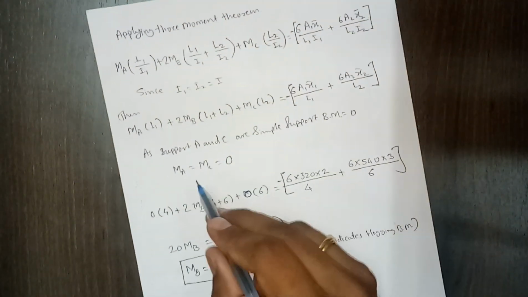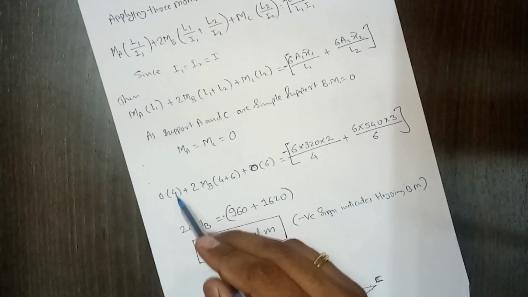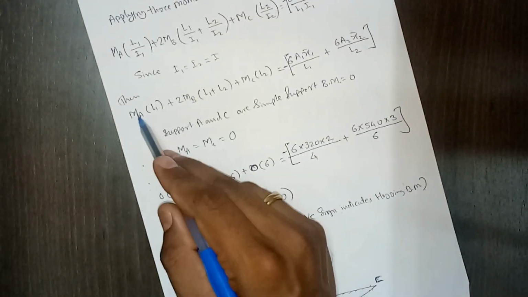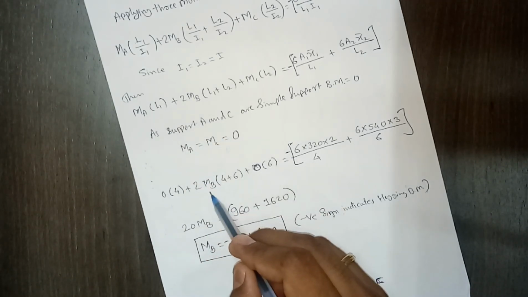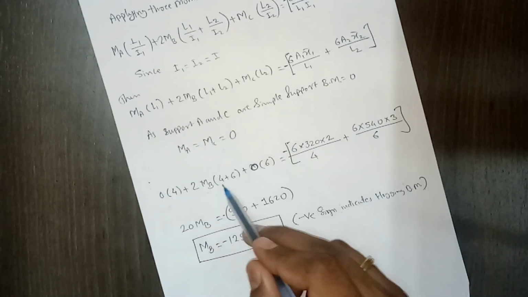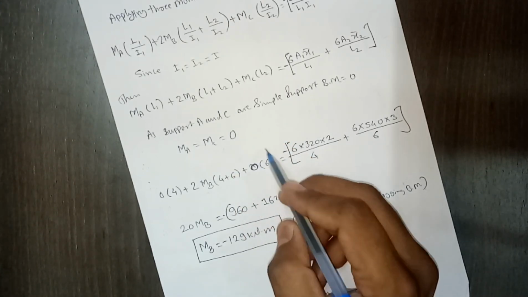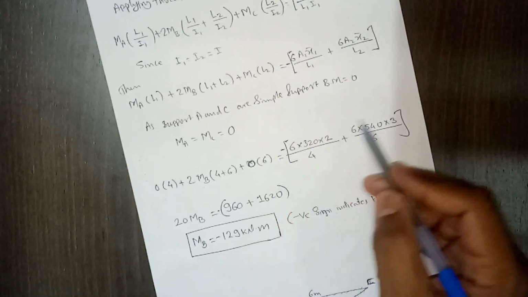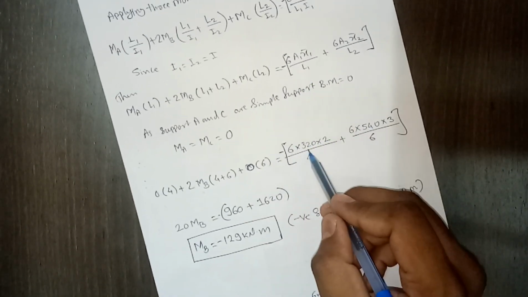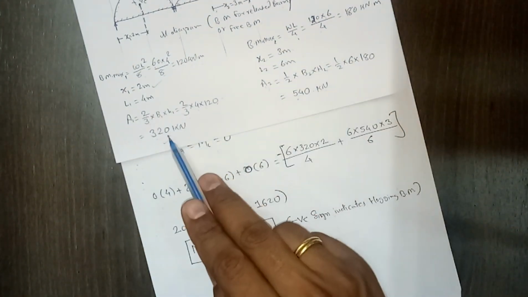So we'll substitute MA and MC as 0. So if we substitute, MA is 0, L1 is 4, 2 MB is unknown, we need to calculate. Then L1 is 4, L2 is 6, then multiplied by MC is 0 and L2 is 6, minus, then on this side 6, area we already calculated, area here we calculated.